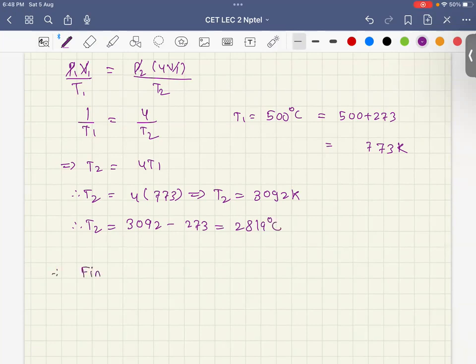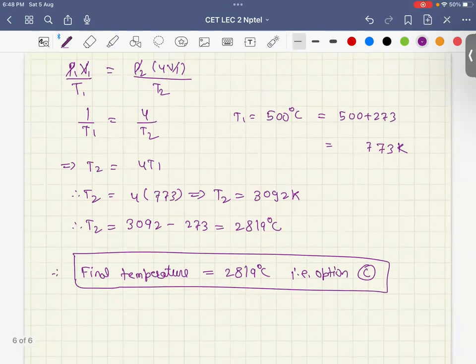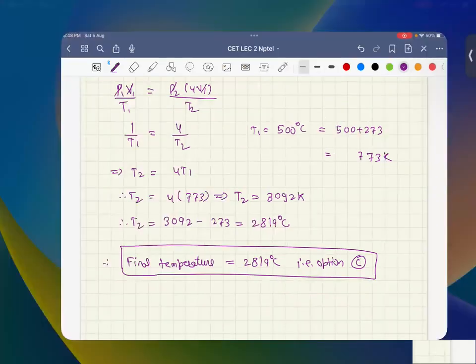Therefore, the final temperature is 2819 degrees centigrade. That is option C, I think. Option C. Anybody has any doubt? They can take 1 minute.